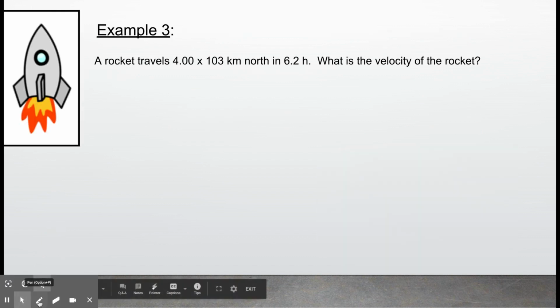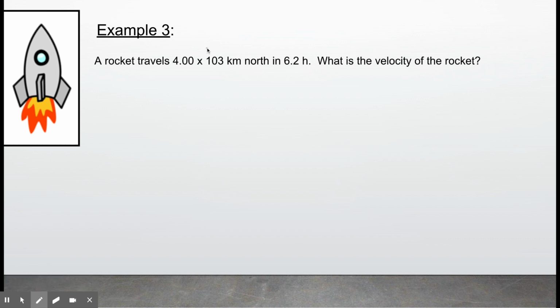All right, example 3. If you're getting the feel for this, pause, try it out on your own. Oh, I forgot to fix one. This should be times 10 to the power of 3. And so a rocket travels 4.00 times 10 to the 3 kilometers north.